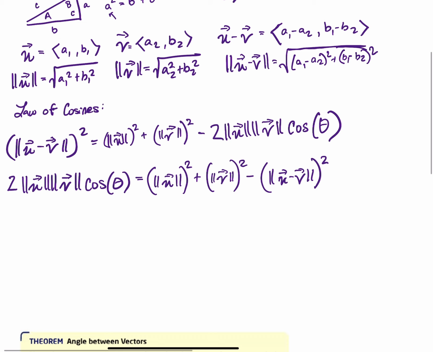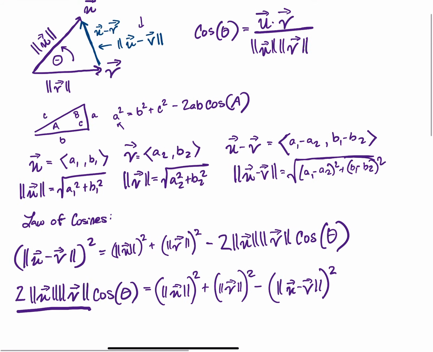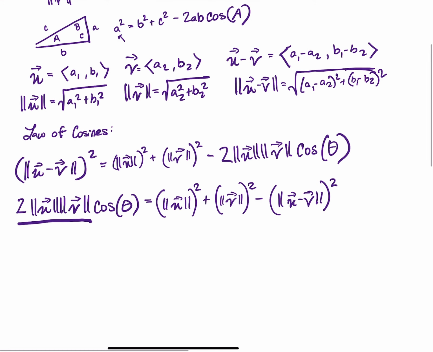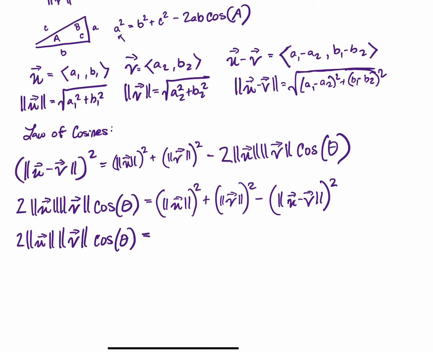So now let's plug in all of our components. I'm going to leave this magnitude of u times the magnitude of v on its own, because I see that that will show up on the right side. We'll eventually divide that over. So let's just plug into the right side everything that we have. That means that 2 times the magnitude of u times the magnitude of v times the cosine of theta would equal, well, the magnitude of u squared, that should just be a1 squared plus b1 squared.